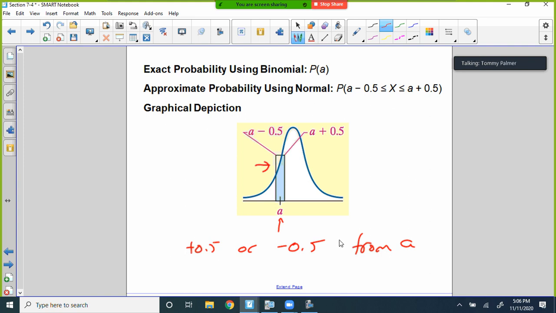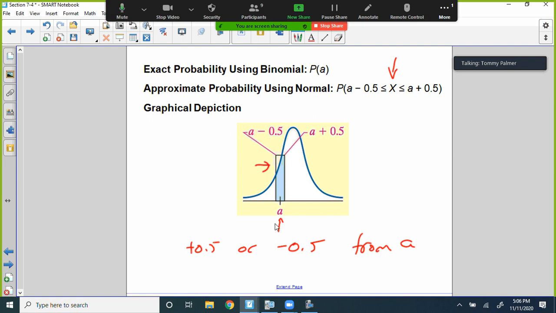And they've got it here, A minus 0.5 less than X less than A plus 0.5, right? So we're looking at a half, either half above or half below, okay? In doing that, it allows the normal approximation to be very close to the binomial probability model, okay?